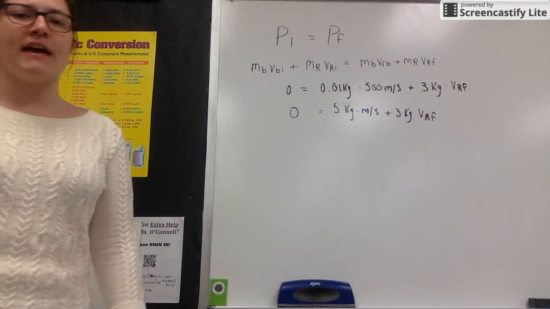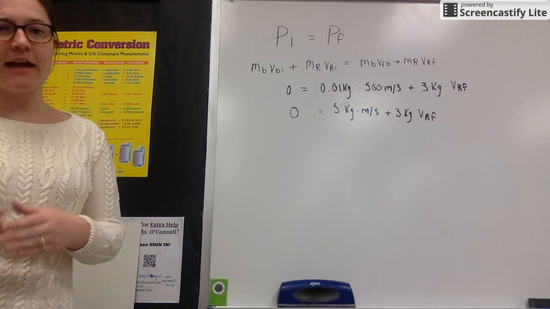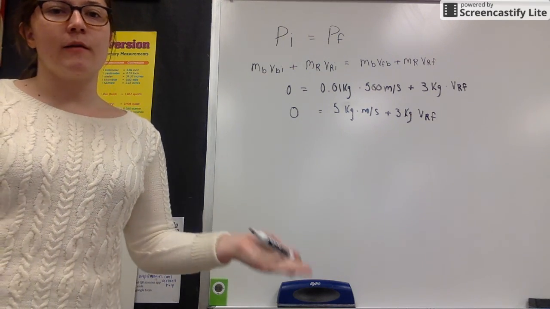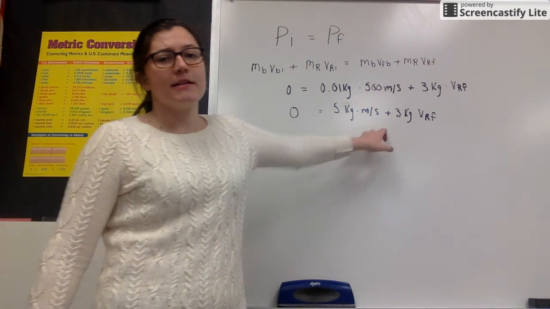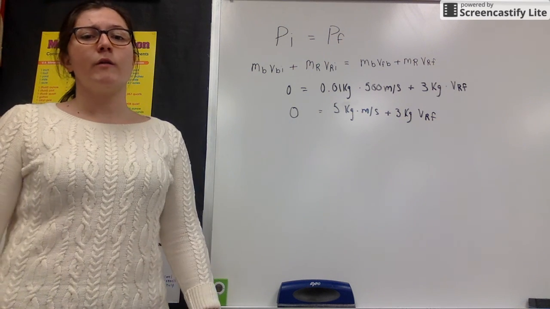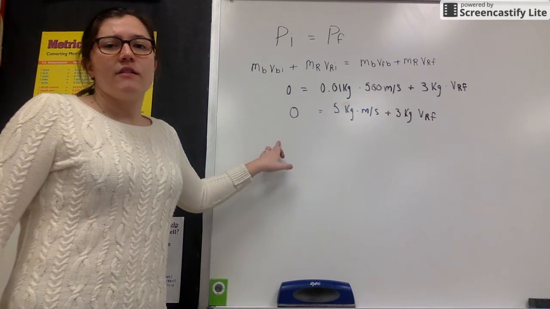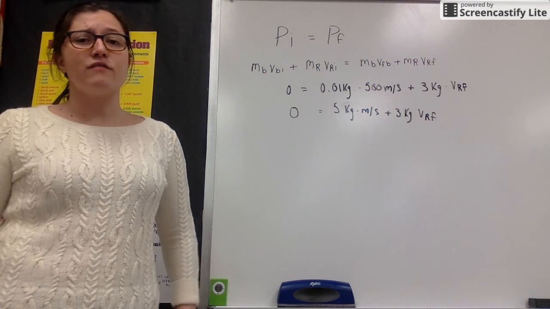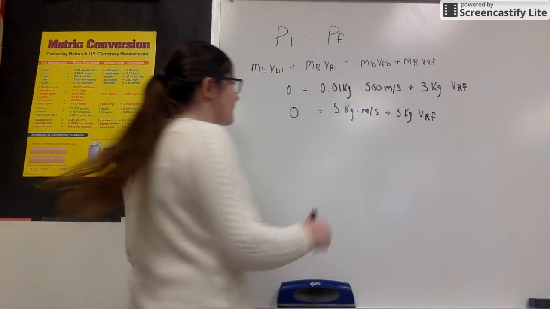So we know here that if the bullet moves to the right, the rifle is going to move to the left. So we're going to get a negative value for the velocity of our rifle, which is what we want. Typically, you can plug in that sign here, but because it's set equal to 0 in an explosion, the negative sign will just represent our direction. Moving that to the other side, we get negative 5 kilogram meters per second, then divide both sides by 3 kilograms of mass to get the velocity of the rifle by itself.